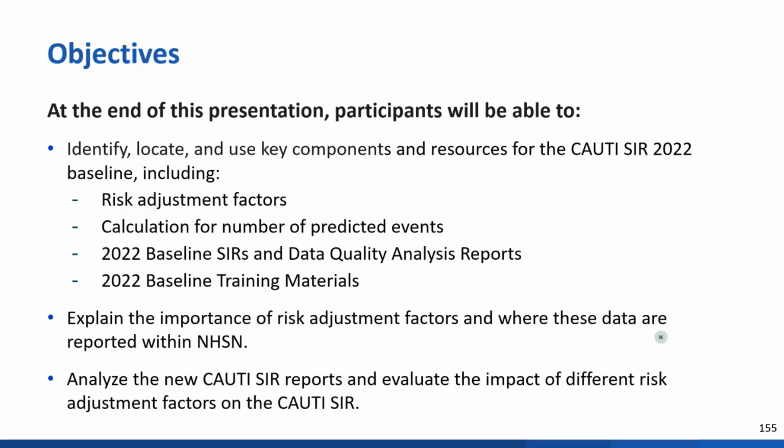We will also explain the importance of risk adjustment factors and how these data are captured and reported within NHSN. Finally, we'll take time to analyze the new CAUTI SIR reports and assess how various risk adjustment factors may affect your facility's reported CAUTI SIR.